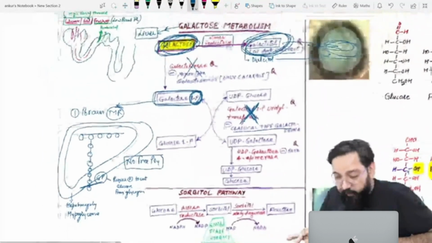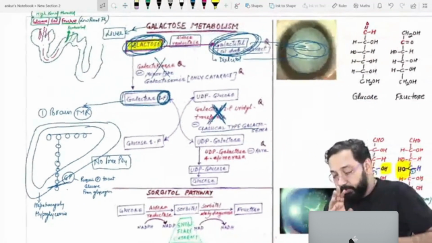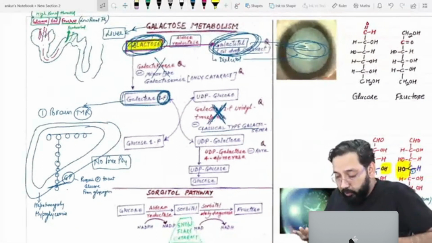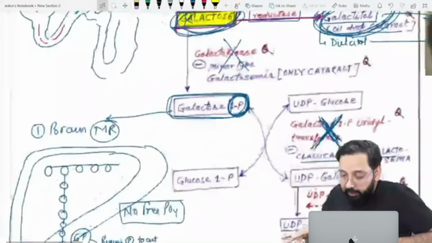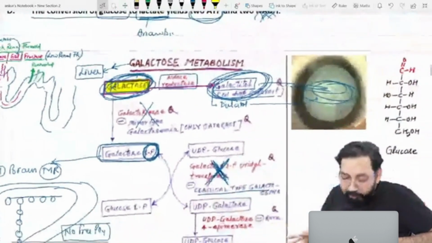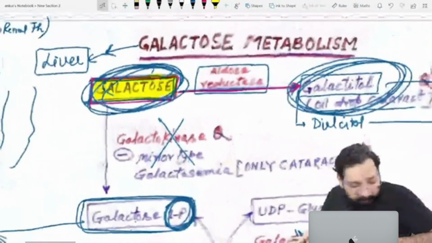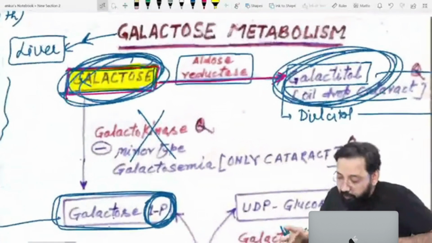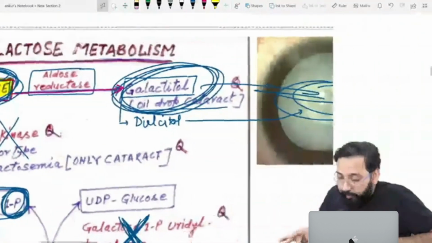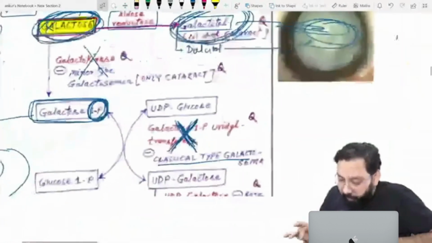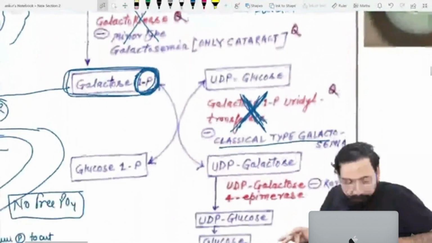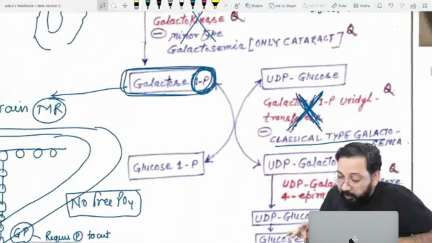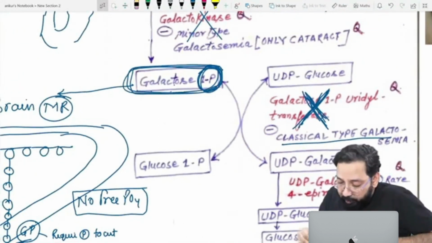So I have already told you galactose metabolism is nothing but conversion of galactose to glucose. In this, multiple steps are required. If the first enzyme, galactokinase, is deficient, then galactose will not be converted to galactose 1 phosphate. Galactose will be converted to galactitol, oil drop cataract. If galactose 1 phosphate uridyl transferase is deficient, galactose 1 phosphate will not be metabolized.